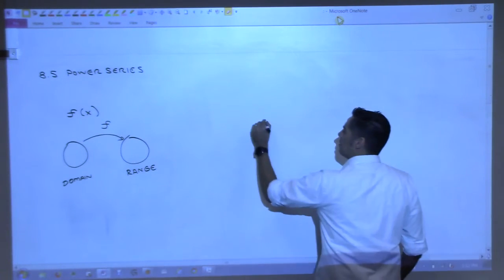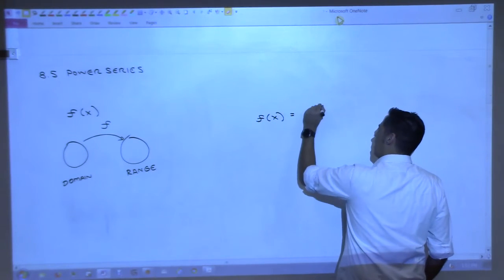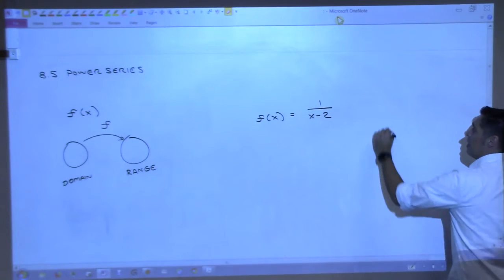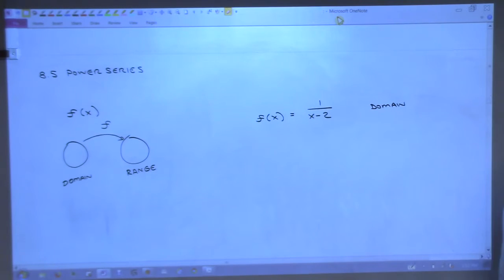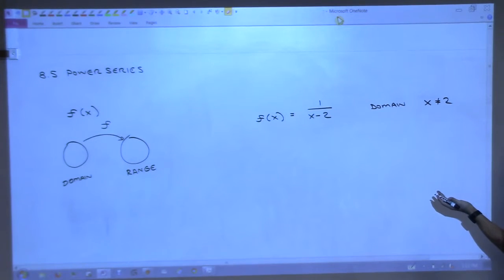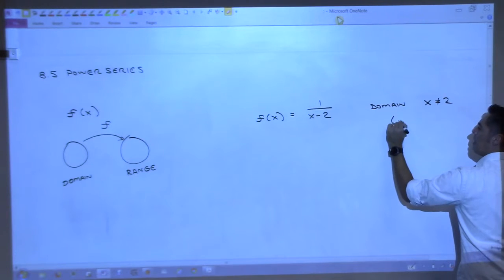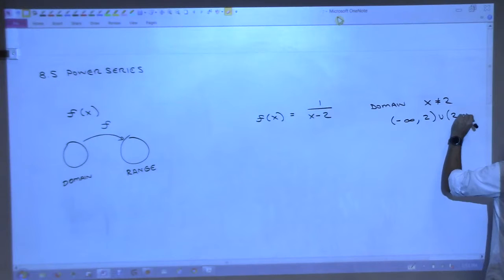So as a specific example, if we take the function 1 over x minus 2, the domain of this is everything except 2. So you would say all x values except 2. In interval notation, the domain would be negative infinity to 2 union 2 to infinity.